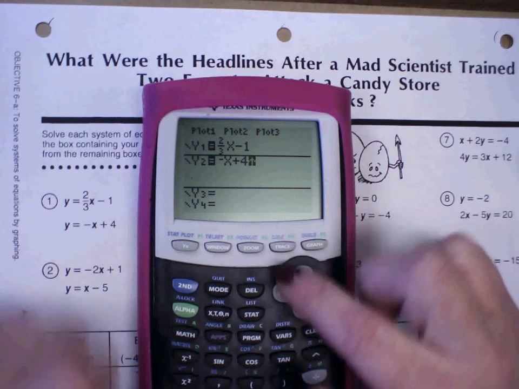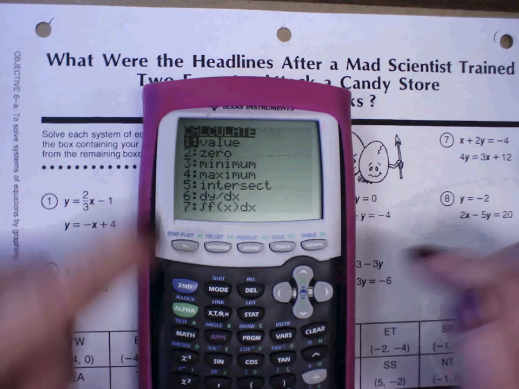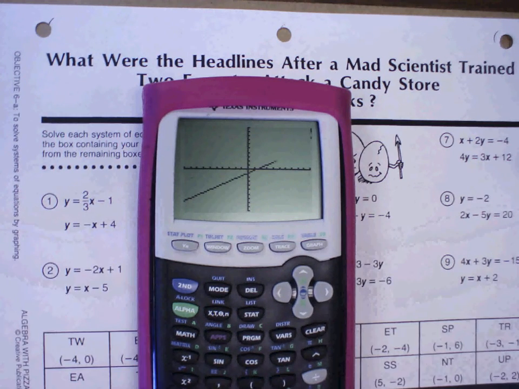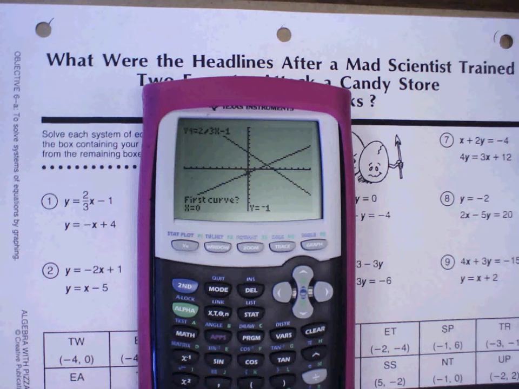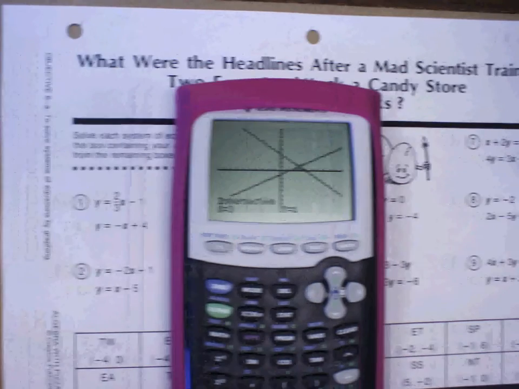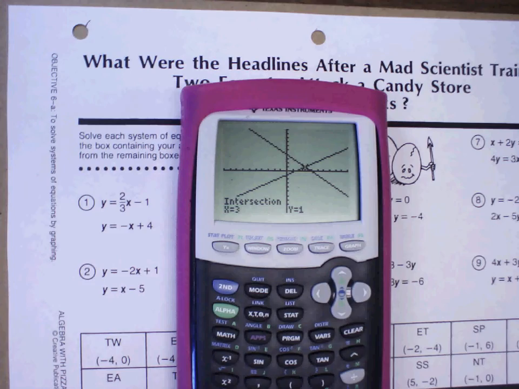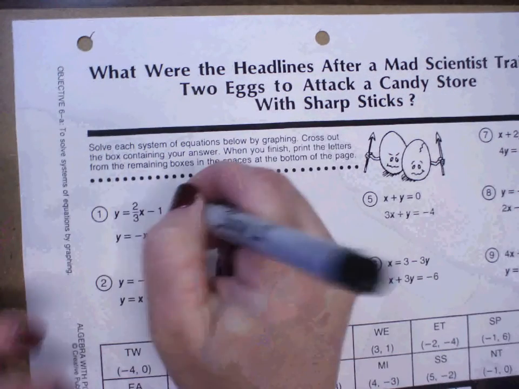After she finishes graphing, give her some time to graph because she is going to go crazy on you if you start hitting enter. 1, 2, 3. And what is the answer? x equals 3, y equals 1. So the point would be what? 3 and 1. Very good. And if you can find it over here, there it is. Then we've done it correctly.